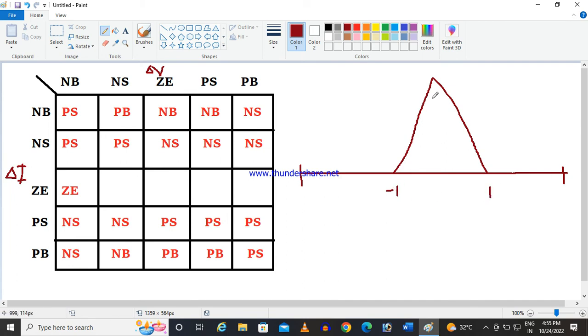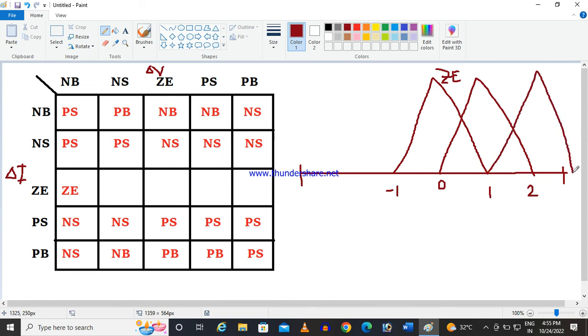So this is for 0. Now I am coming to positive small. Positive small, say it is going from 0 to 2. Then positive big, it is going from 1 to 3.